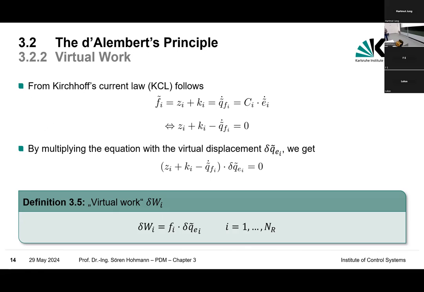In the position, so Q̃_i, and we multiply the equation that still holds. So it's just the virtual displacement. And now we need an additional definition. We define virtual work as delta W_i being F_i, so a flow times the displacement. So it's a small portion of work.